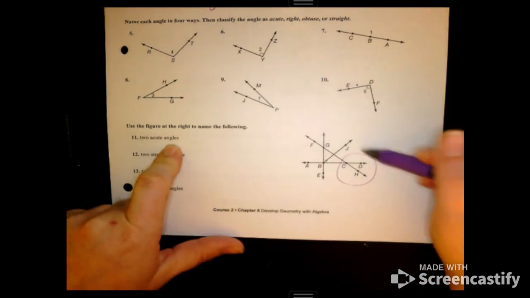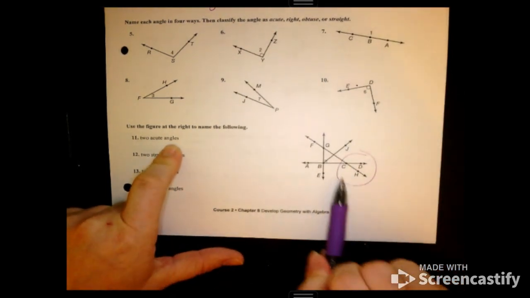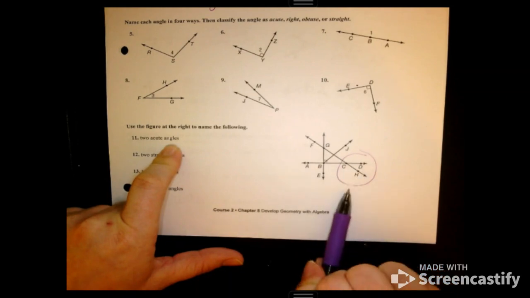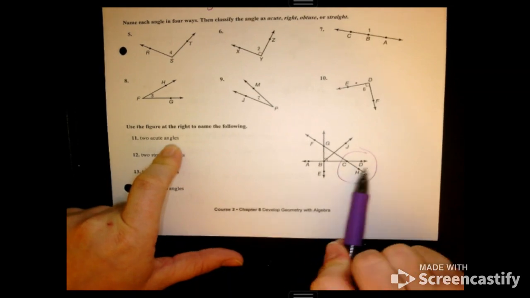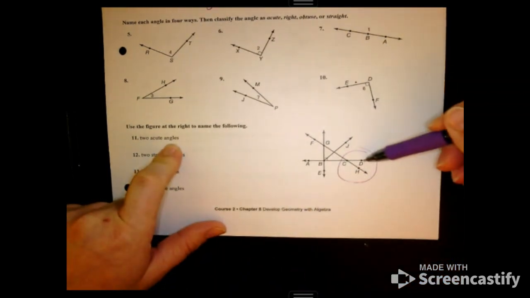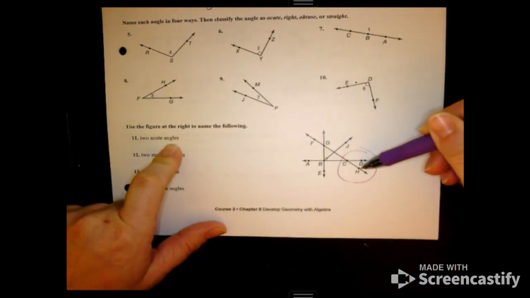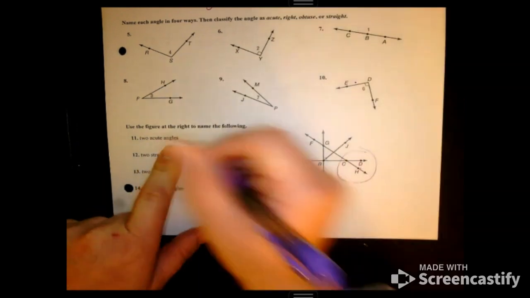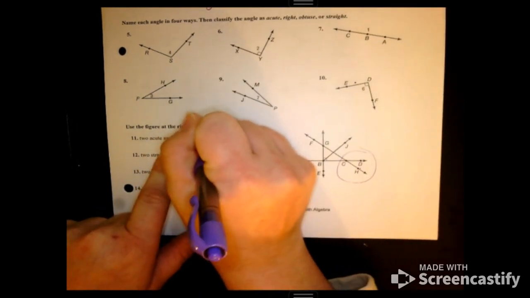That's not an angle. CDH. No, I want y'all to look there again. Will said CHD, Trey said CDH, but there's no angle right here. Remember the letter that's in the middle? DCH would be one. So angle DCH.